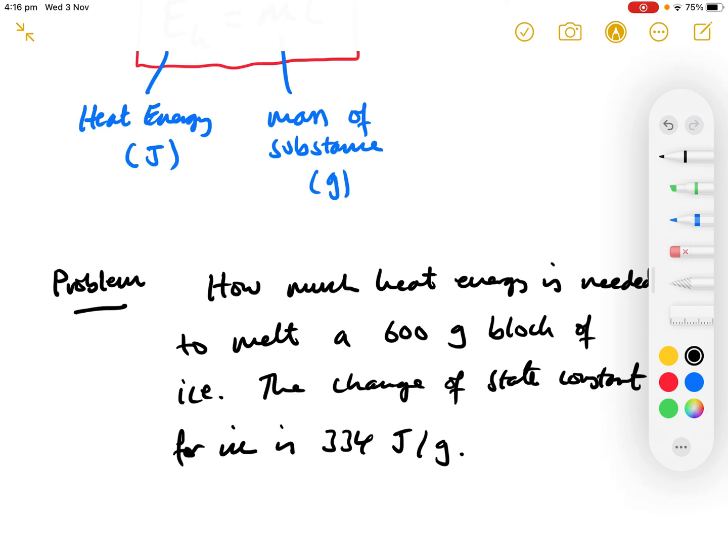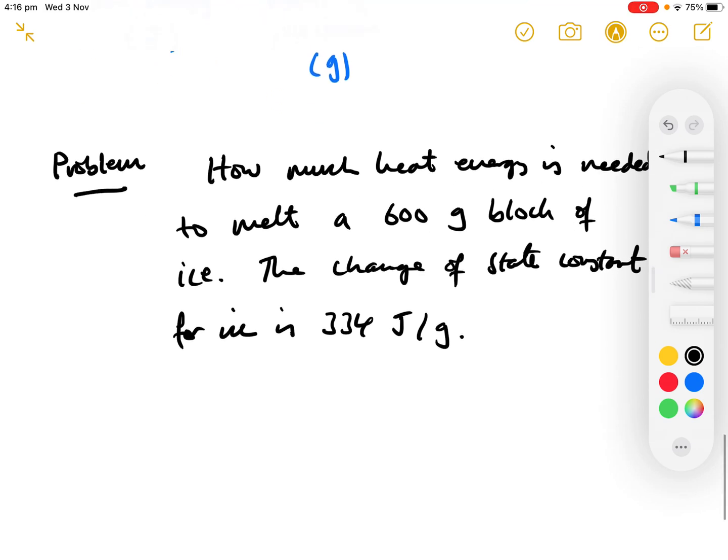What that means, of course, is that it would take 334 joules of heat energy to melt 1 gram of ice.